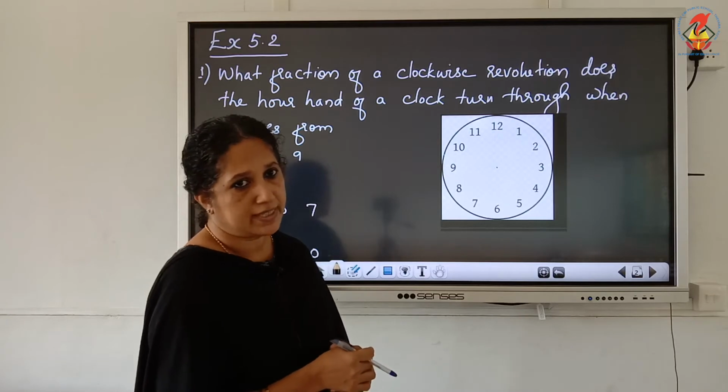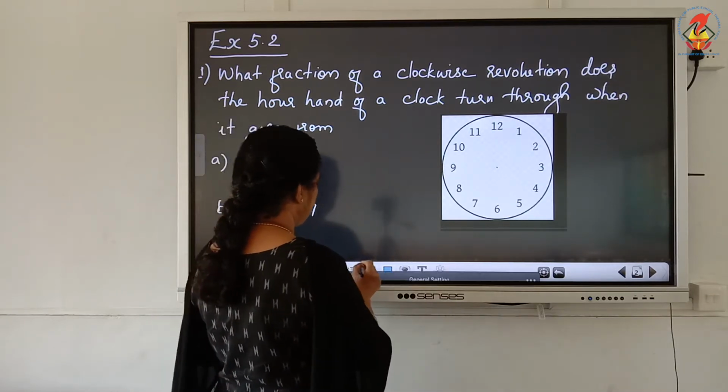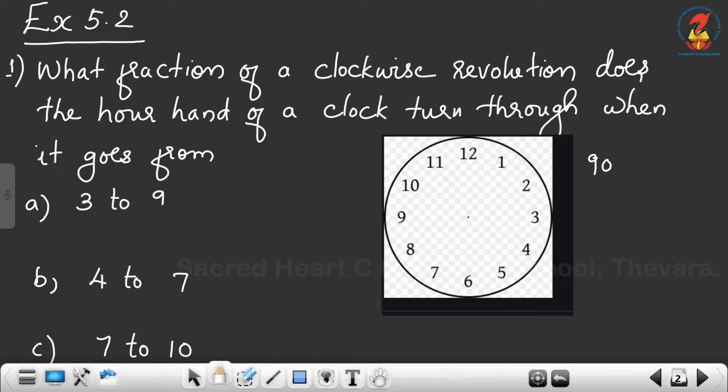Now we have already learned that if the angle turned is 90 degree, it will be 1/4 of a revolution.